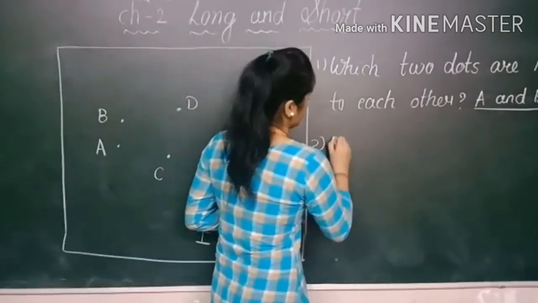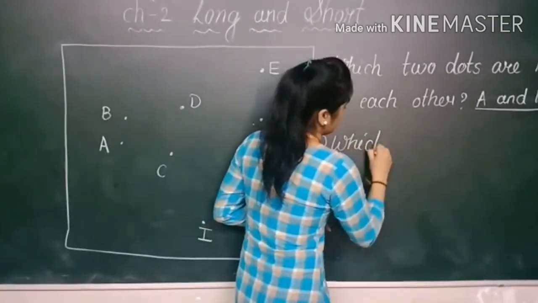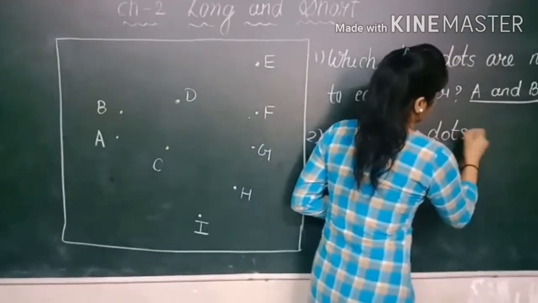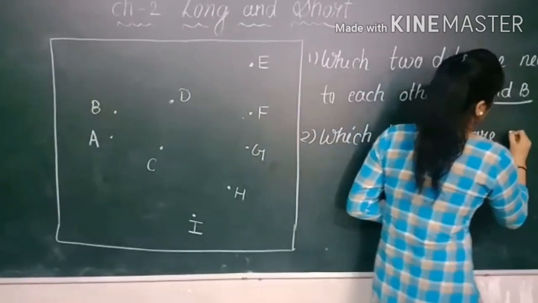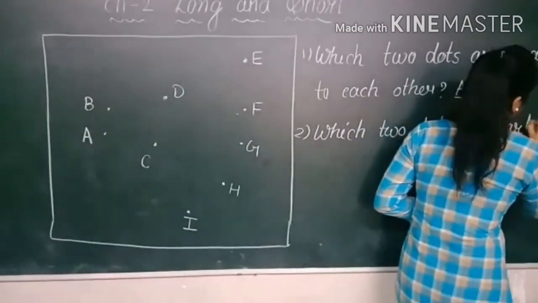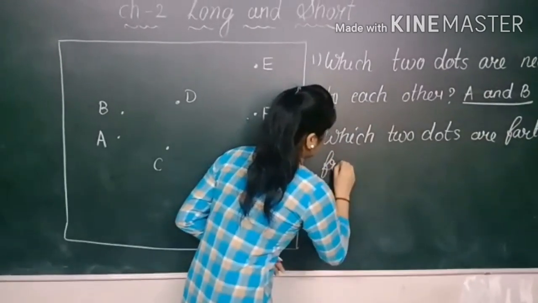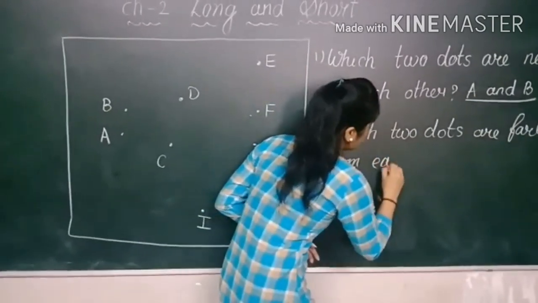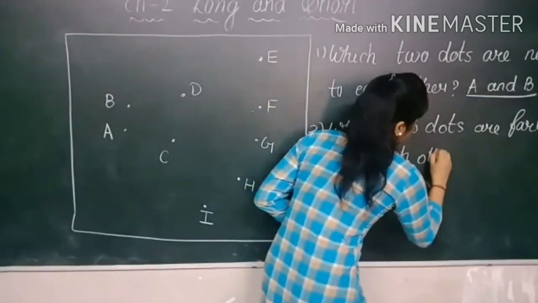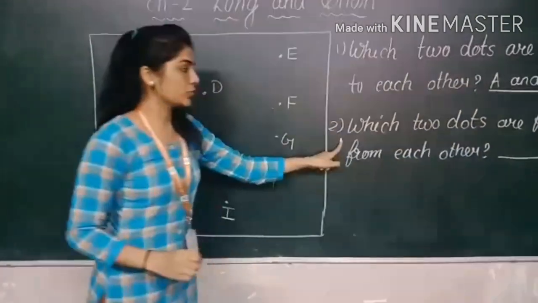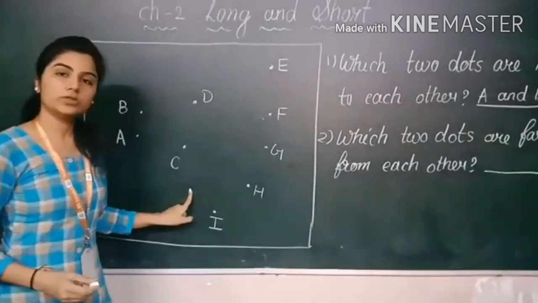Number 2. Which two dots are farthest from each other? That means which two dots are very far from each other?